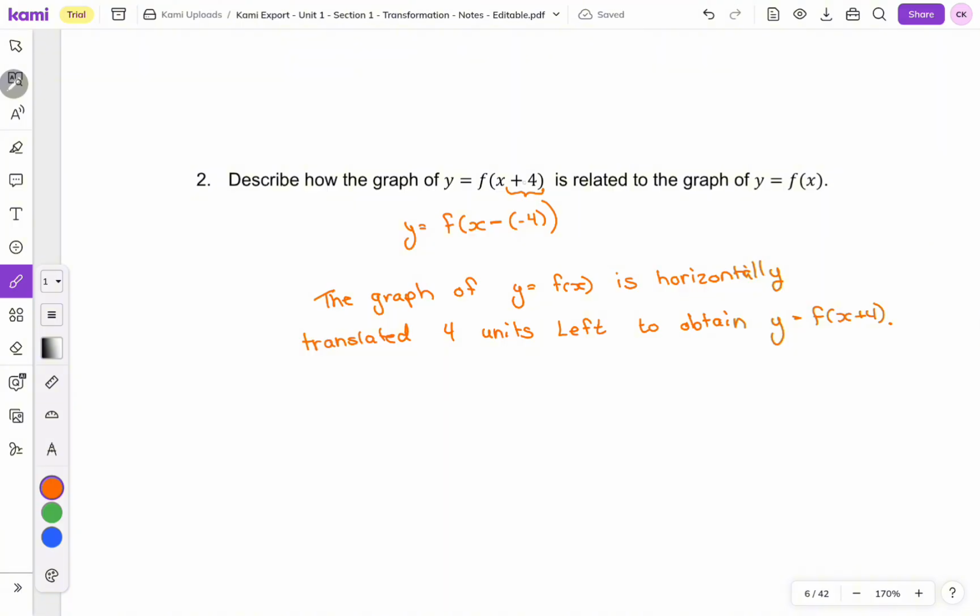Remember, function notation lies. If I see a positive, it means I'm moving to the left.